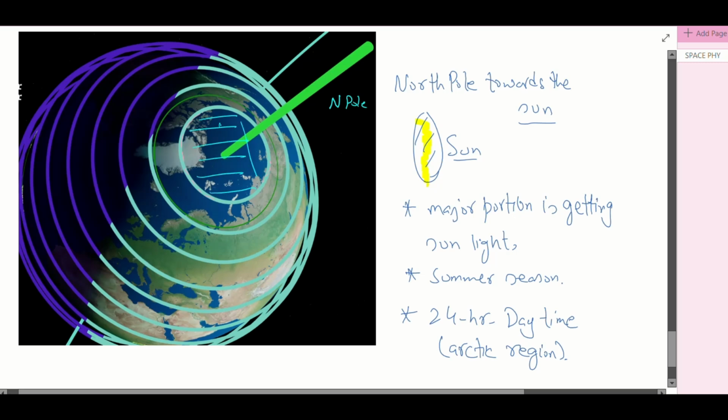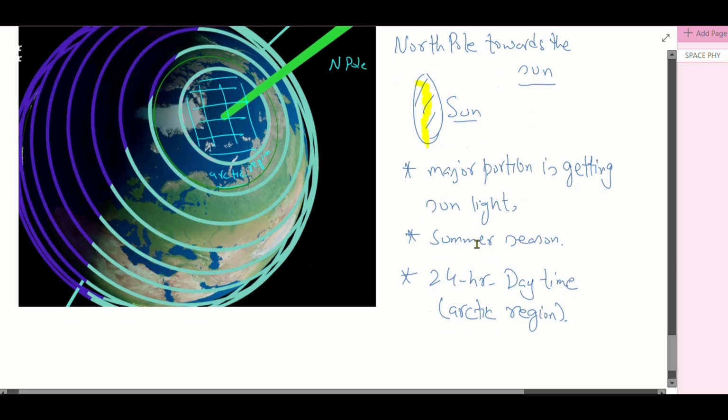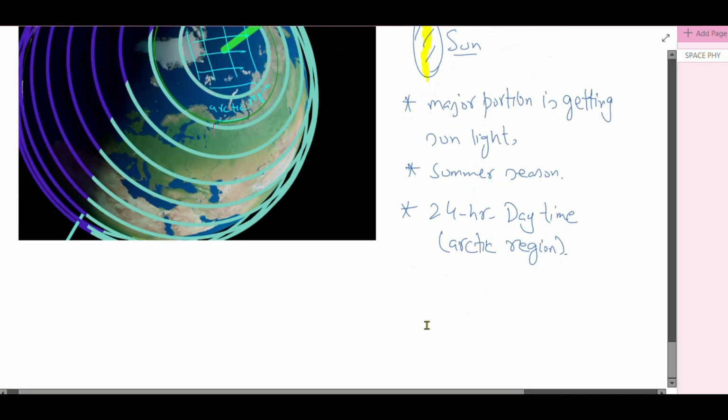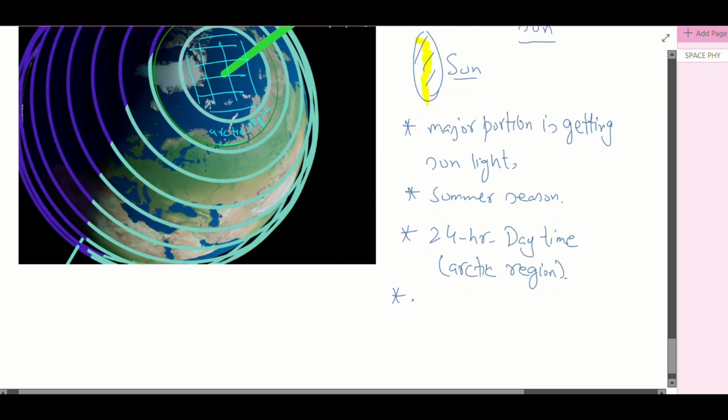The countries or areas in this region are referred to as the Arctic region, and they get a few days, or at least one day, in which for 24 hours the sun does not set, so it is full day, even at midnight. You will also see some videos of those areas. During that time, the Southern Hemisphere is away from the sun, so the Southern Hemisphere has winter.